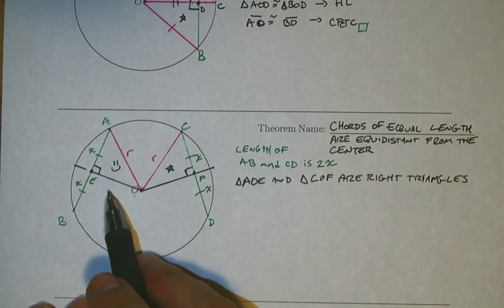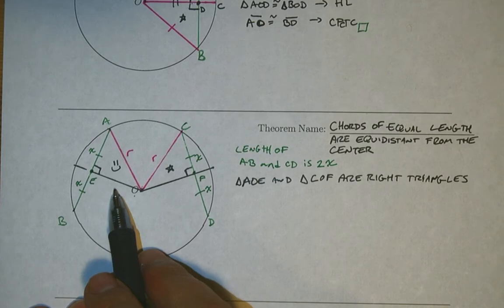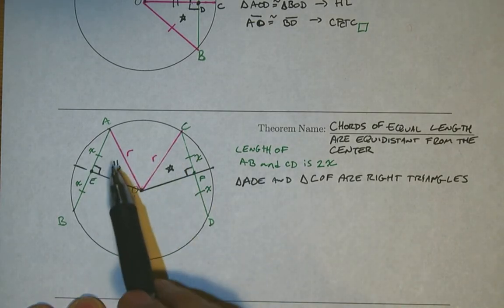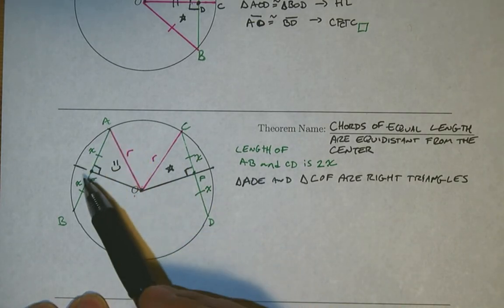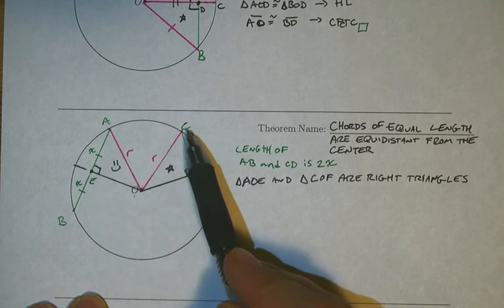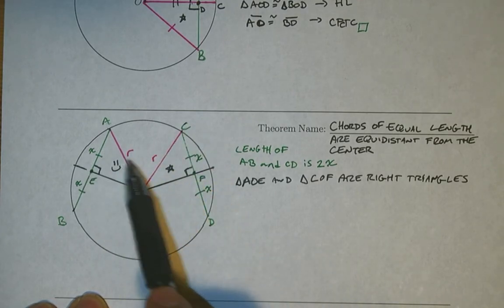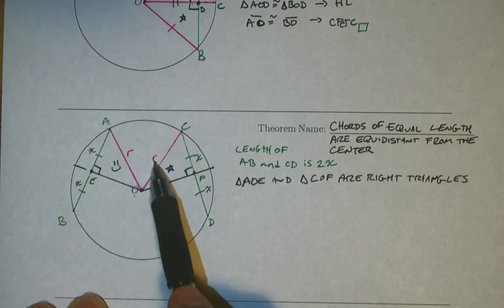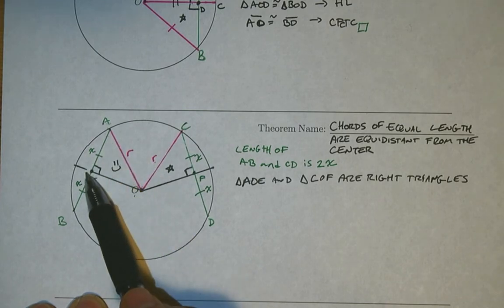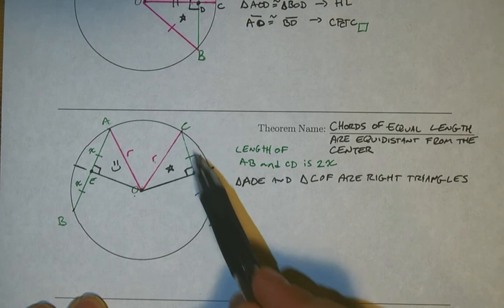Well, if they're right triangles, that means the Pythagorean theorem must work for them, right? And if I look at AOE and COF, will they have the same length hypotenuse? They have a leg that's x and a leg that's x.